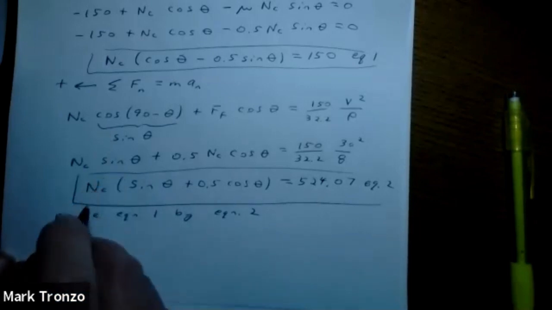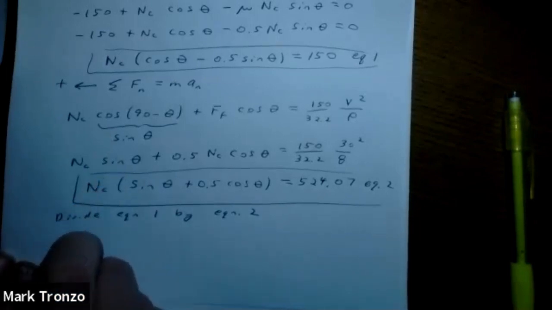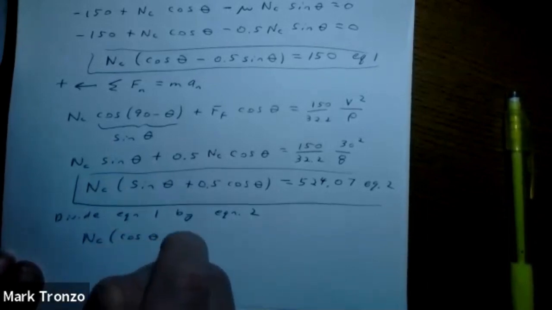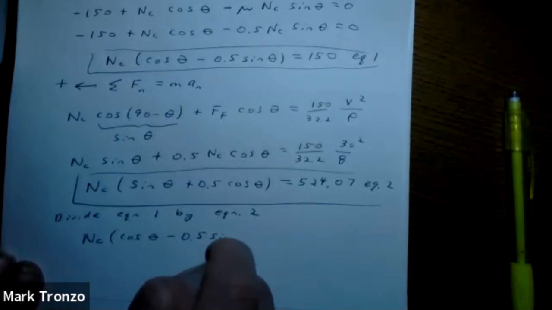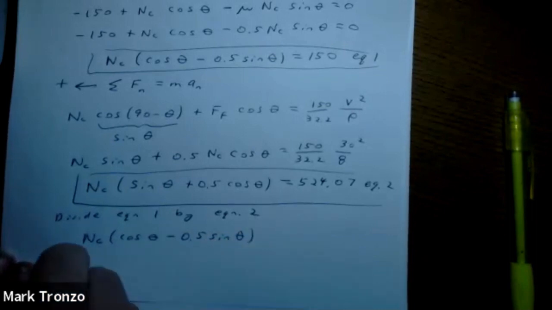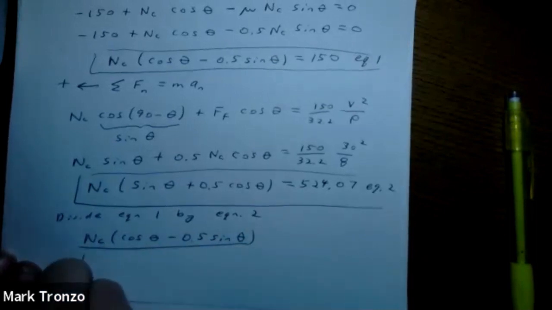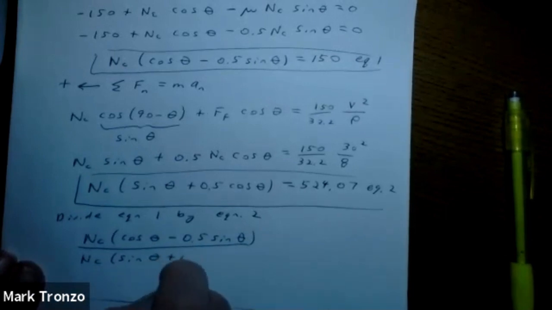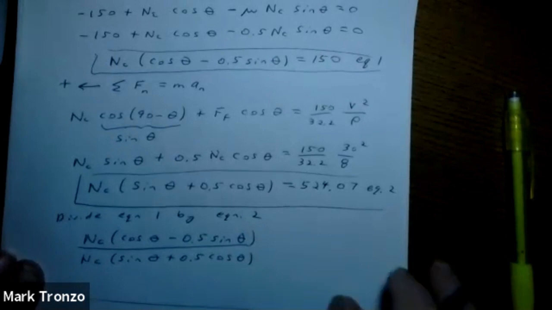So you get NC cos theta minus 0.5 sine theta over NC sine theta plus 0.5 cos theta.